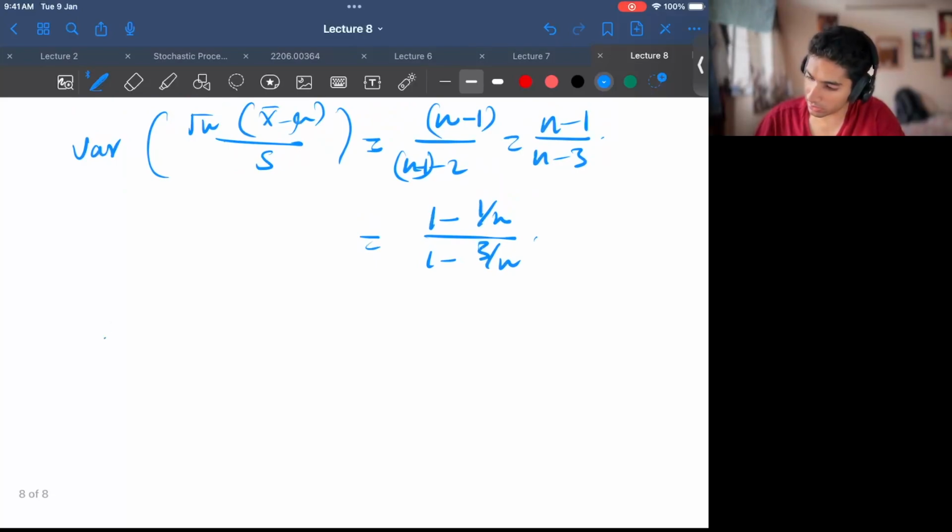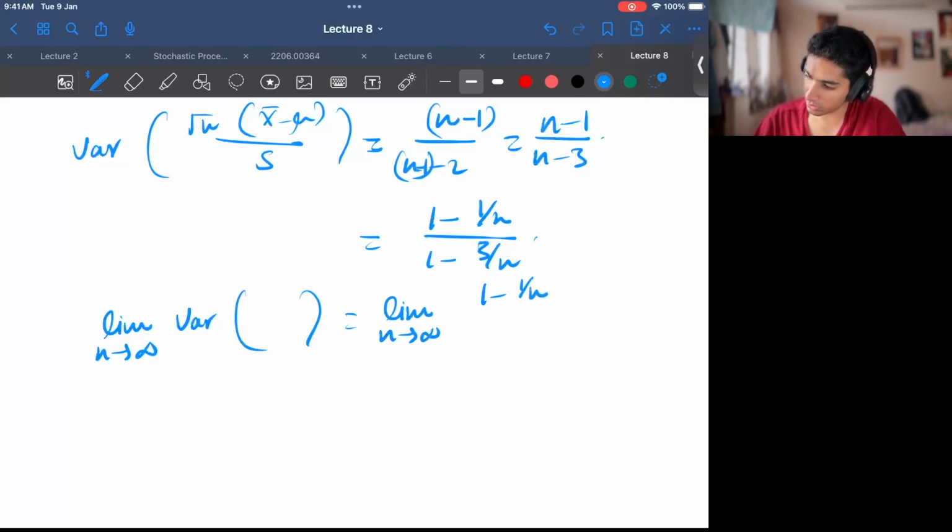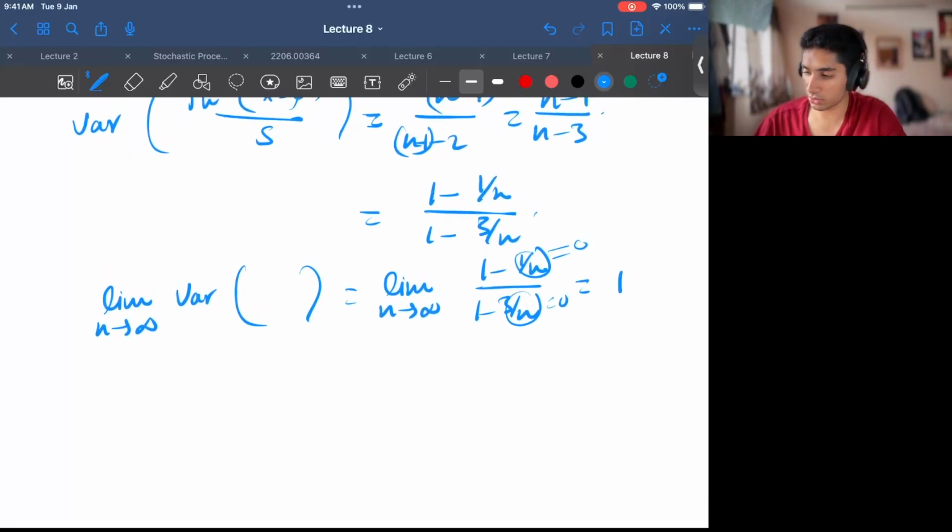And you take the limit n tending to infinity of the variance of this entire thing. This will be equal to the limit n tending to infinity of 1 minus 1 by n over 1 minus 3 by n. What will this become? This thing will become 0, this thing will become 0, this will become 1, right?